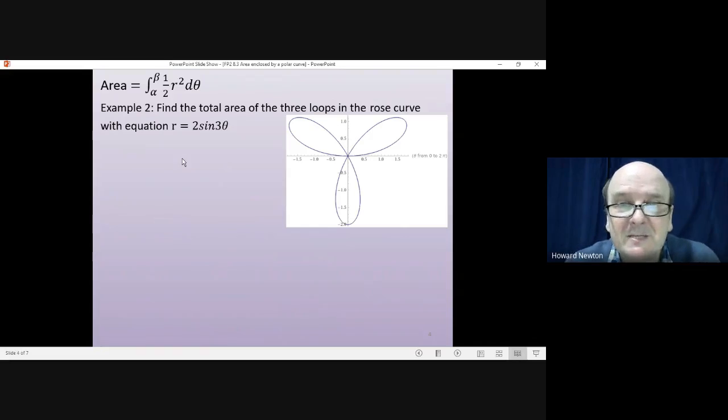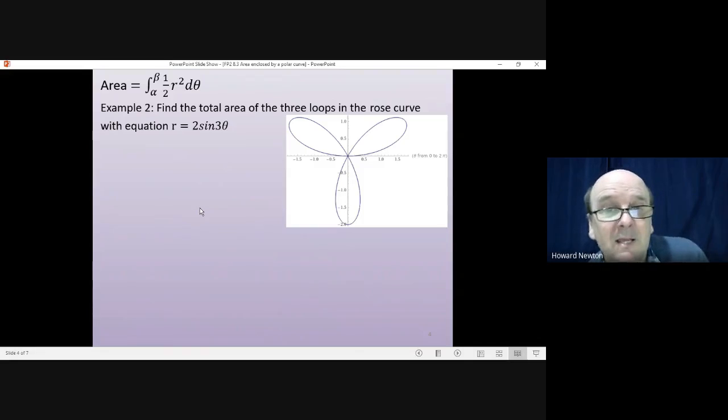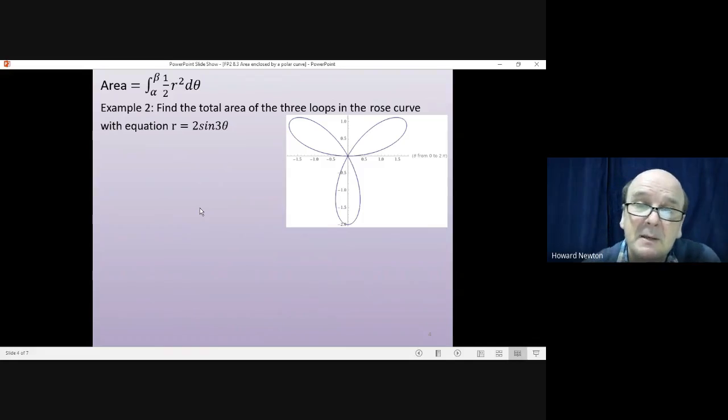What that means is if we're going to find the area of the 3 loops, we do need to find the area of just one of the loops and then multiply that by 3 to get the answer. Okay, I'll let you have a go at doing that. So pause the video, have a go at finishing the question, and then come back to me when you're ready.